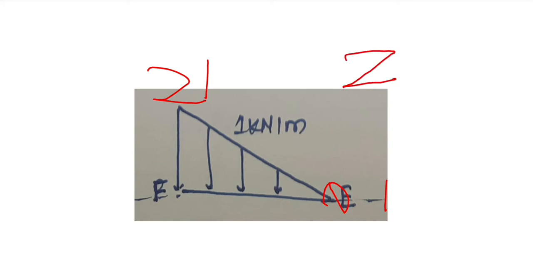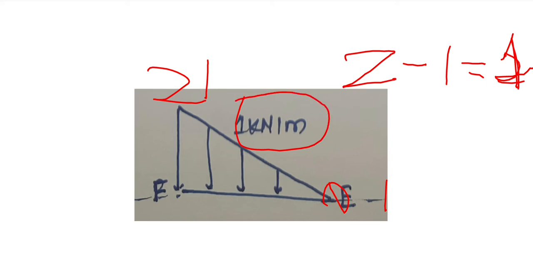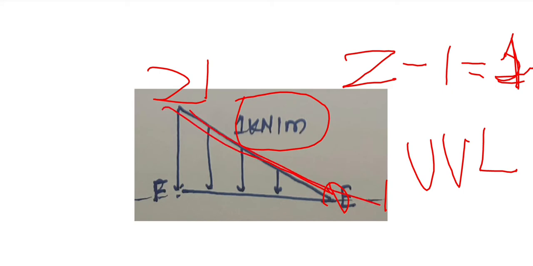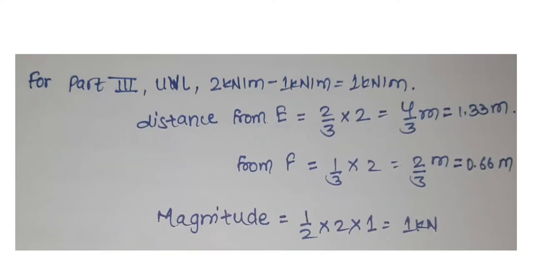So 2 minus 1 equals 1. So there is a 1 kN per meter uniformly varying load acting over this part. So for part 3, 1 kN per meter load is acting.